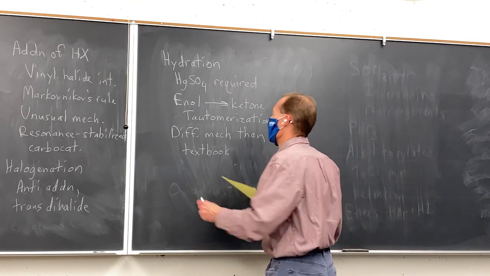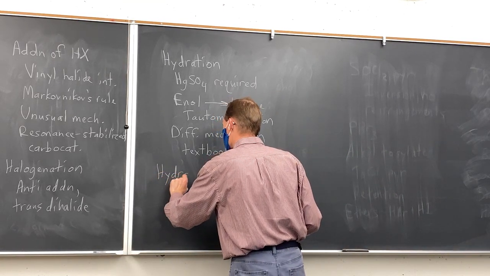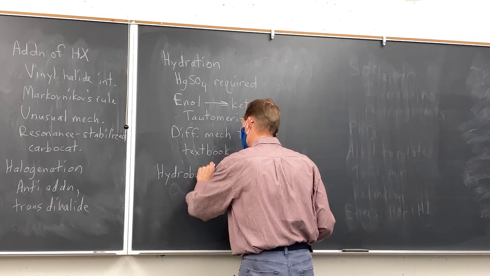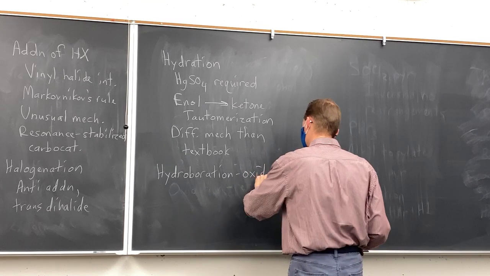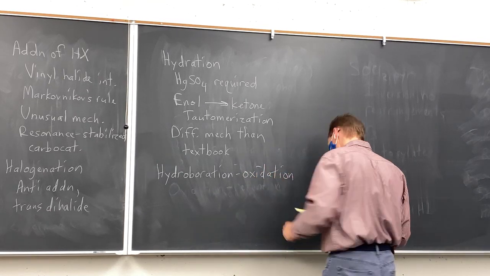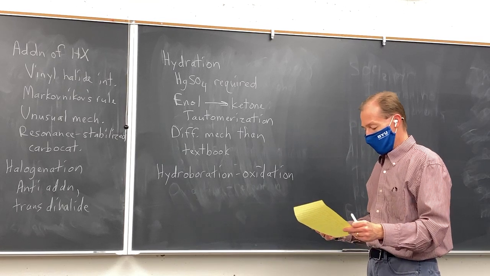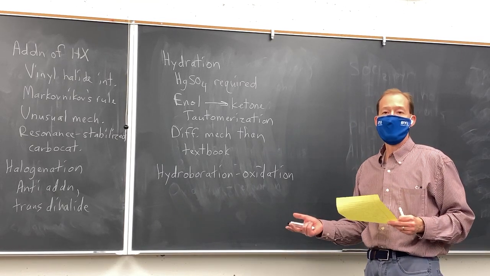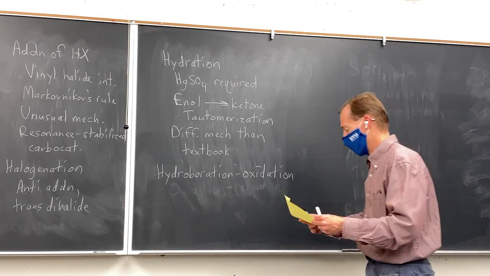Okay, and then the last addition reaction we have of alkynes is hydroboration oxidation. And what's going to happen here, we know that when we perform a hydroboration oxidation of an alkene, we obtain the less substituted alcohol.